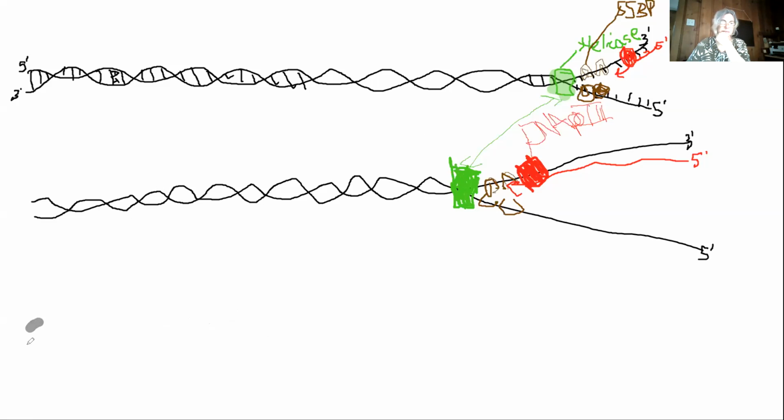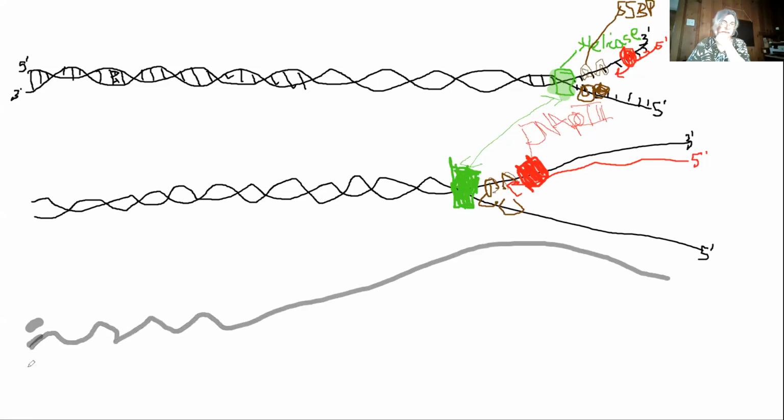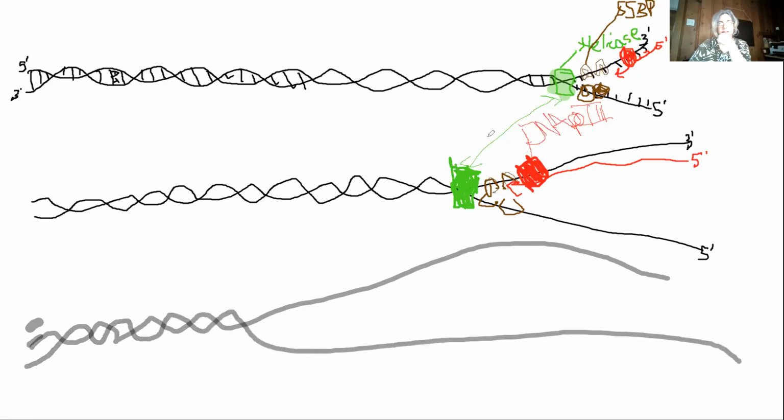This third time, okay, why is it a different color? Third time, okay, for whatever reason, it's gray, would look more like this, where there would be very little left to still replicate.